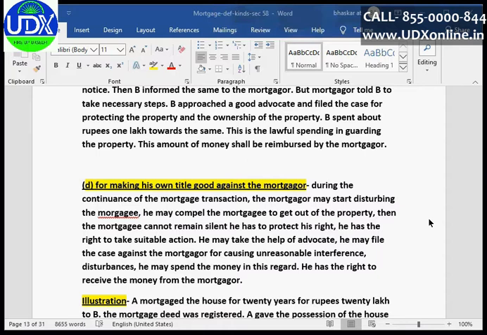I repeat, God helps those who help themselves. First we must have courage. The mortgagee must have courage. He cannot simply walk away from the property because of the disturbances created by the mortgager.